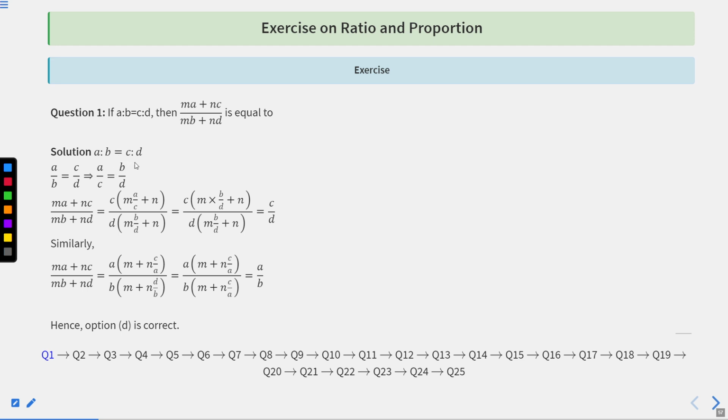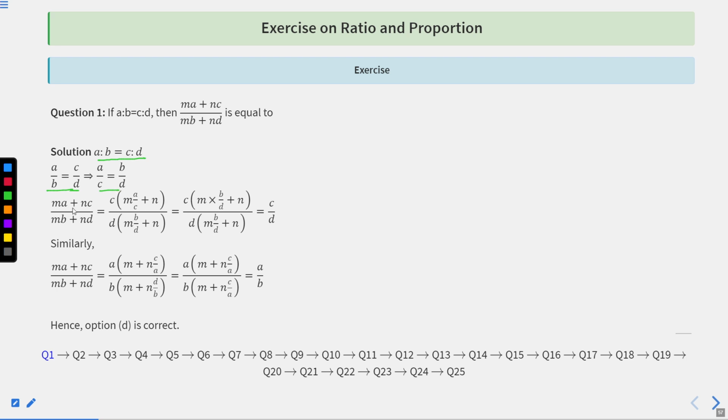We are given that A is to B equal to C is to D. So we can write it as A upon B equal to C upon D. And if I send this A there and bring this C here, then I will have A upon C equal to B upon D. Correct?